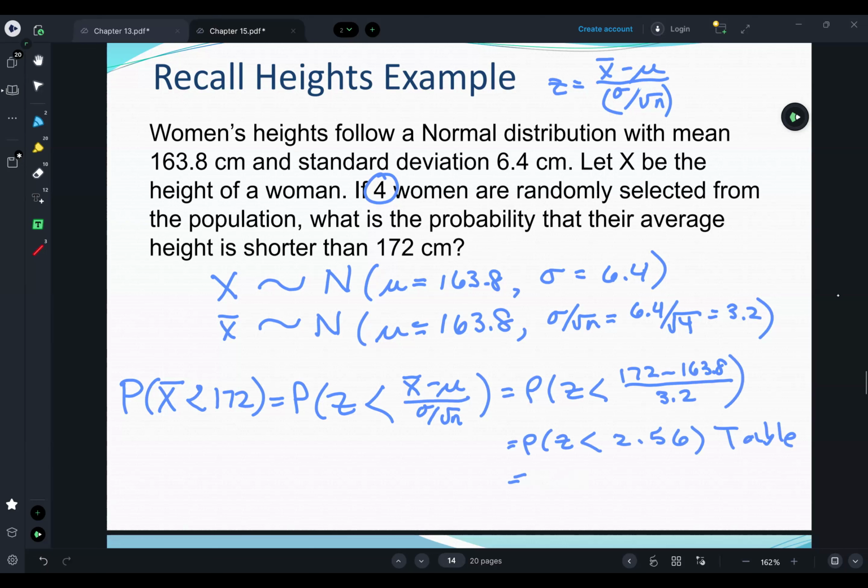We can just look at the table for that. We don't need to do the 1 minus because it's less than, the area under the curve to the left of 172, and it's going to be 0.9948 from the table.